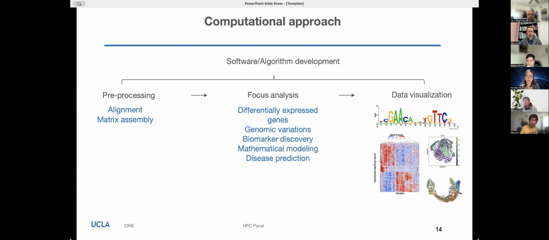So that is basically the genomics approach we have right now. All these procedures need software or algorithm development, and that's what bioinformaticians do: they develop software for all of the processes we need for genomic data. Okay, so I'll hand it to the next person.